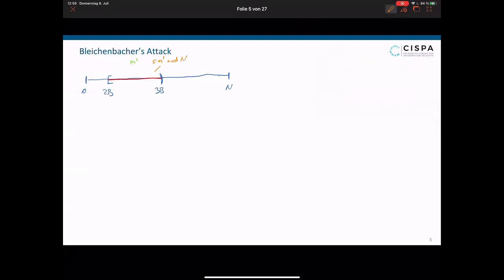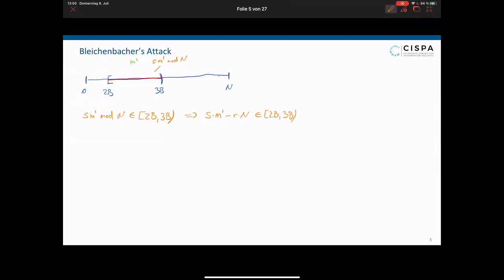That means, of course, there exists, without loss of generality, a positive integer r such that S times M prime minus r times n is in this interval here, 2B comma 3B.